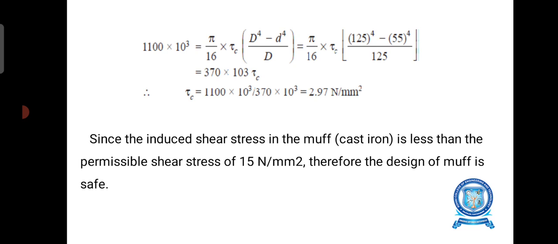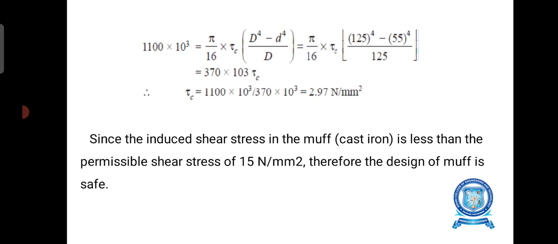If we simplify, we get tau c equal to 2.97 Newton per millimeter square. Since the induced shear stress in the muff is less than the permissible shear stress of 15 Newton per millimeter square, the design of the muff is safe.